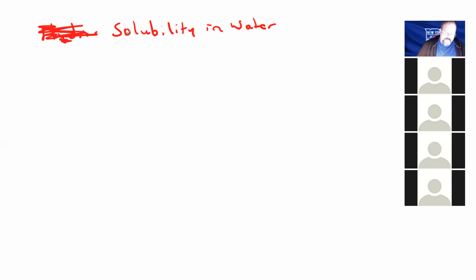So let's start. First off, what is the key question that we have to ask ourselves to determine whether a small version of a type of organic compound is going to be soluble in water? If it can do what? If it can hydrogen bond in water. That's going to be the key question.